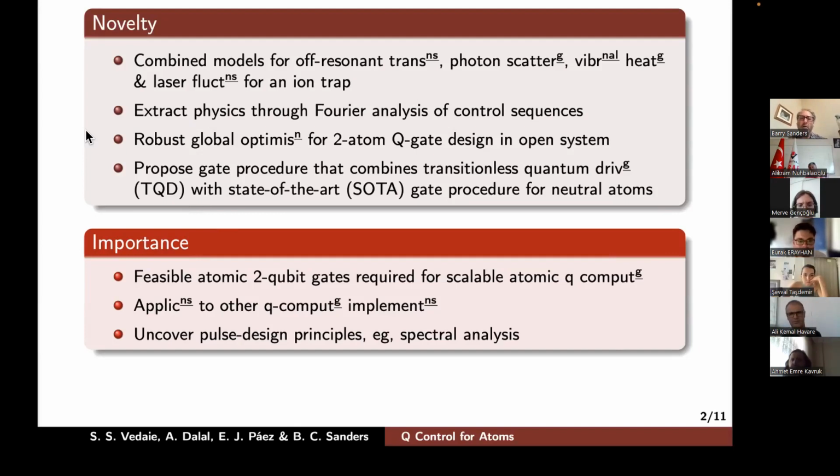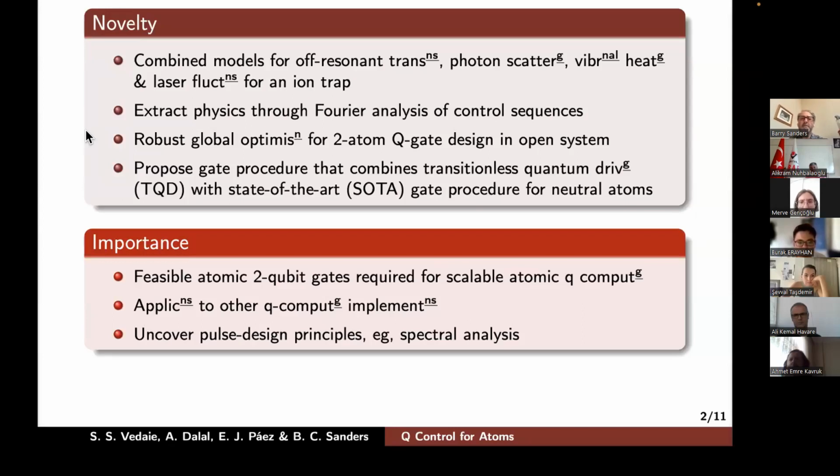So we've been developing our models to take into account the actual physics of the system and match to experiments, and we have no fitting parameters. So we make sure that everything we plug in, experimentalist tells us the parameters, we plug them in, and then we can't fit things to make better results. So we incorporate into our ion trap model and atom off-resonant transitions, photon scattering, vibrations, and laser intensity fluctuations.